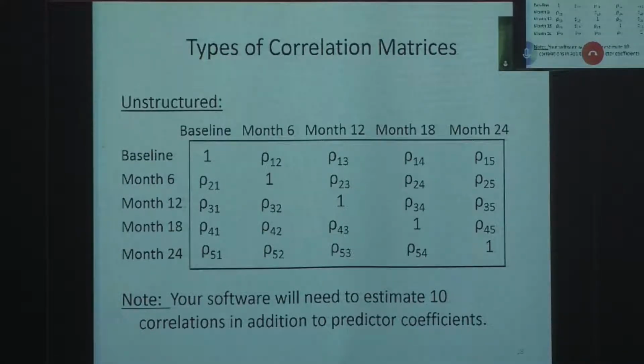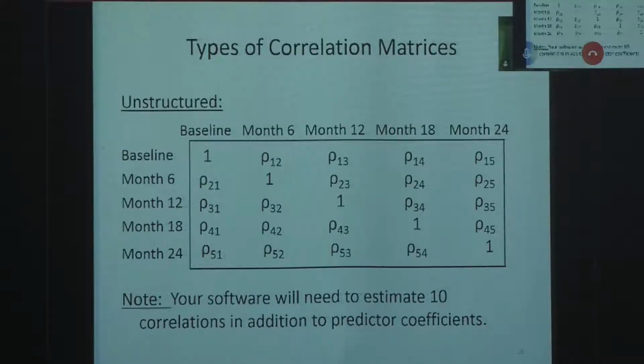And so the question to you, and I'm posing it to you because your software will ask you the same question. If you're going to run a longitudinal analysis, what type of correlation matrix do you want to use? And this one that I'm showing you here is called an unstructured correlation matrix.